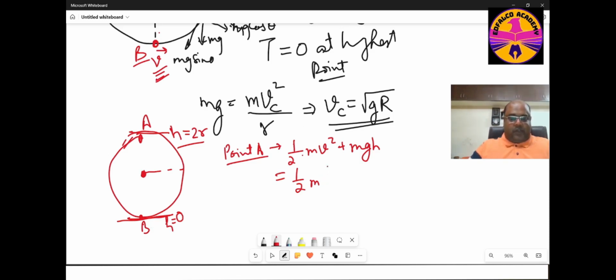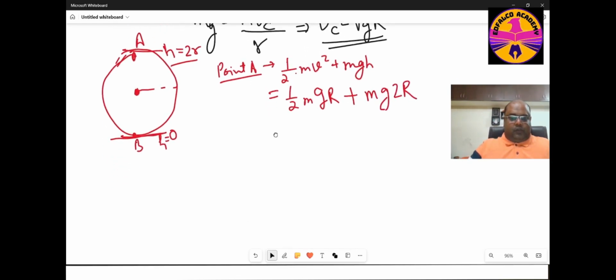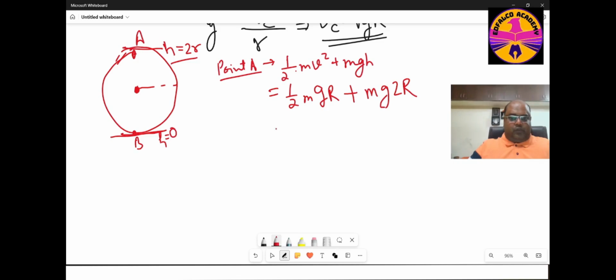So here it will become half mgr plus mg, and h is going to become 2r. If you do the calculation, this will come to mgr and 2.5, so it is 5 by 2 mgr. This is what we get.